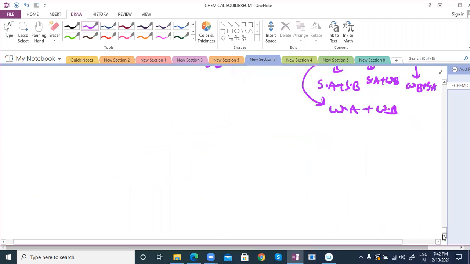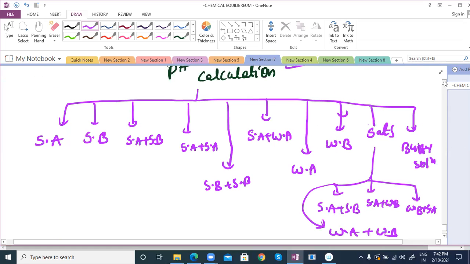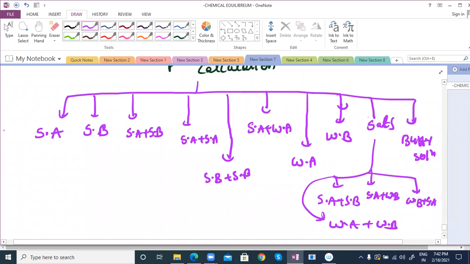A few things I need to discuss here. Strong acids. Sir, can you scroll up, sir? Okay, one note down. So SA means strong acid. SB means strong base.